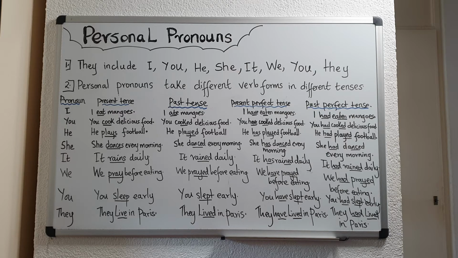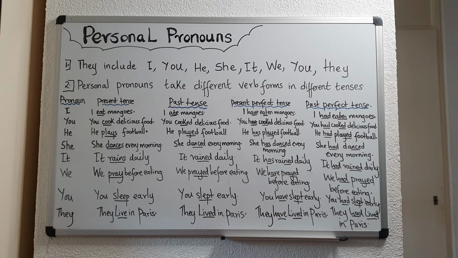The pronoun I in the simple present tense: I eat mangoes. So in the present tense, when you use I as your personal pronoun, the verb remains in its original form.